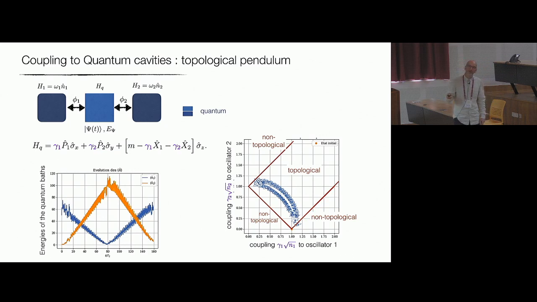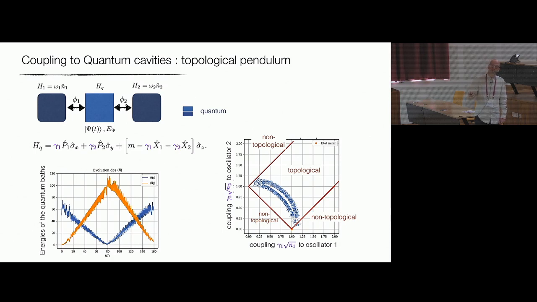Instead of crossing it, the system jumps to the excited states, because the gap is very close, so you have a Landau-Zener transition on a very short time scale. It excites, but the Chern number of the excited state is exactly the opposite of the Chern number of the ground state. You start pumping in the other direction. So on first approximation, that's a quantum pendulum. You pump in one direction, then in the other direction.